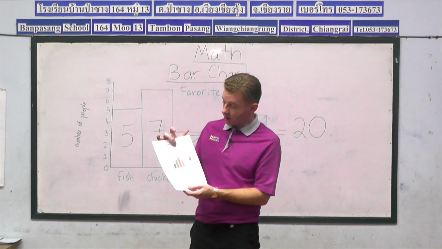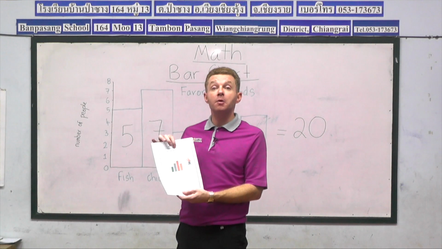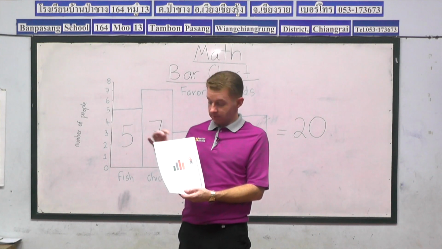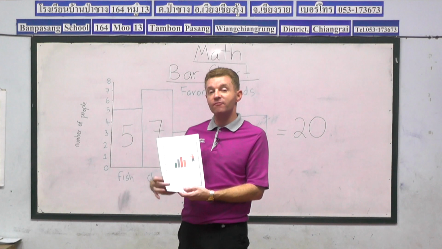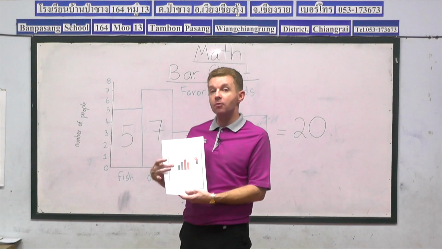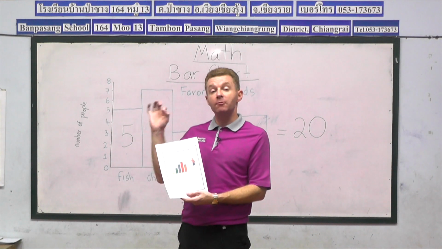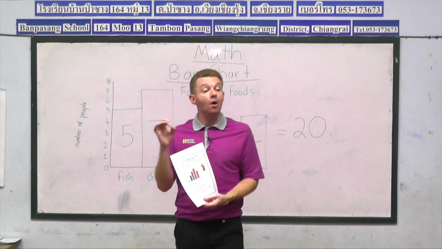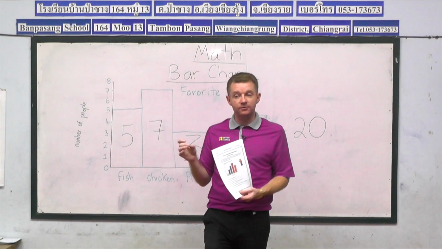Now this bar chart, the title, is about the number of trees that the people seen. So the questions are all about different trees, and each bar represents a different one. So by reading the information correctly, our students will be able to answer the questions.